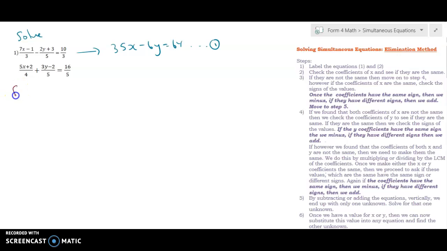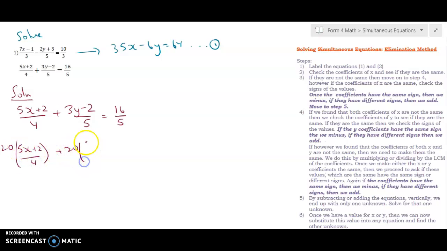Now, let me do the same for the second equation. My second equation, simplifying, I'll just write it over. I'm seeing my denominators are 4, 5, and 5. The LCM is 20, so I'll multiply each thing by 20. Each section I'll multiply. You don't need to really write it out like this, but it's always helpful because you see all the steps, and you don't make mistakes when you write it out like that.